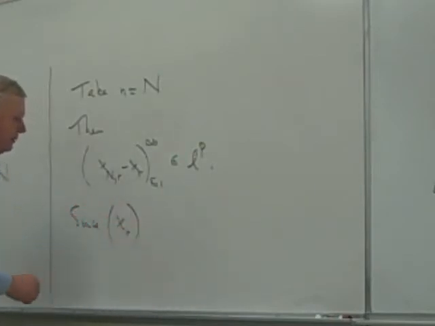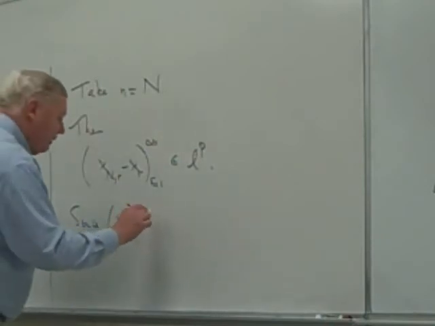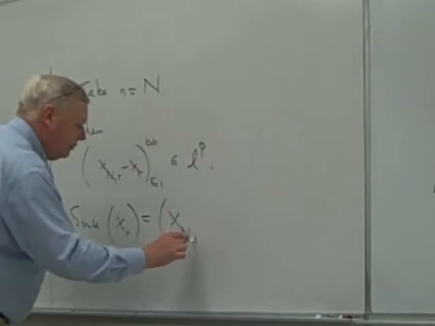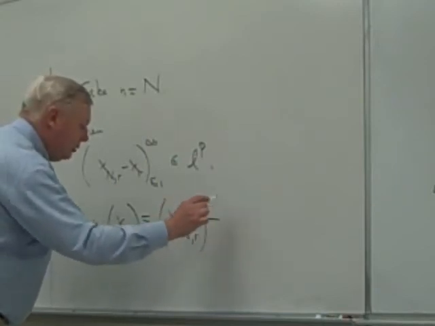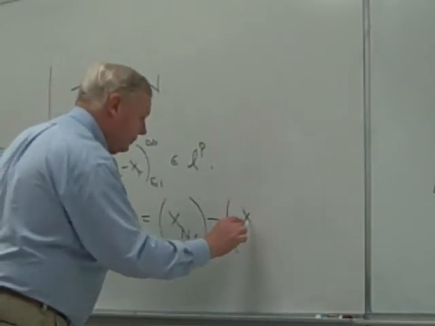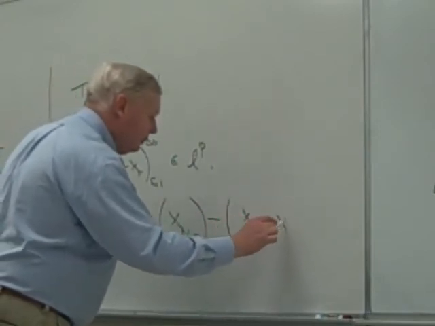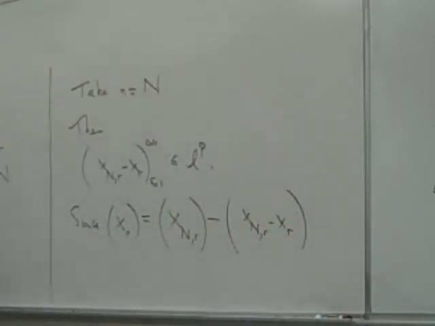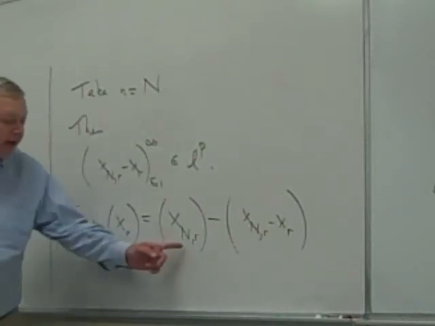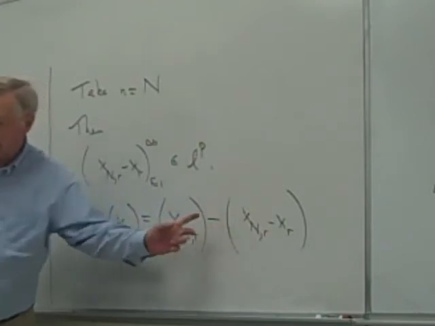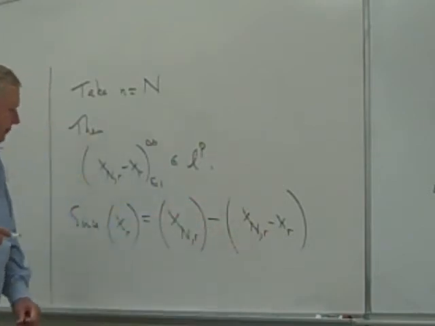Since the sequence consisting of the x sub r's is the sequence coming from capital N minus the sequence coming from this difference, the first of these is in little lp, the second one we've just shown is in little lp, so their difference is in little lp.